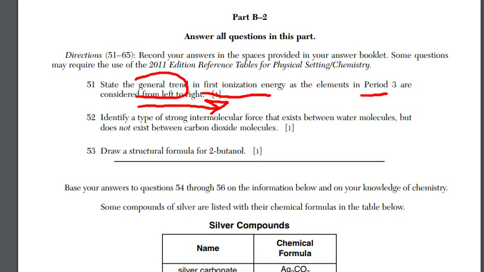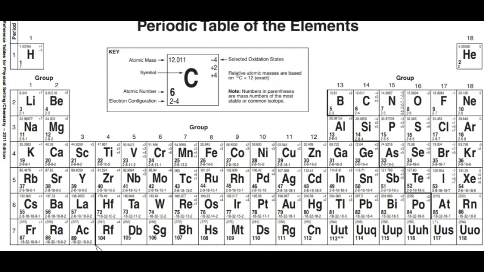But first ionization energy means that I have any element as a gas and I'm going to shoot it with some energy, knock out the outermost electron, and make that atom an ion. How much energy? Well, that's first ionization energy. So let's take a look at the periodic table first, pick out some elements in period 3, and then go to reference table S. Okay, periodic table, we're looking at period 3, and we're just going to pick a couple of elements.